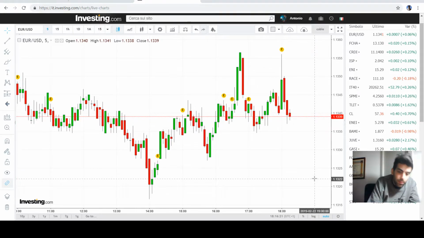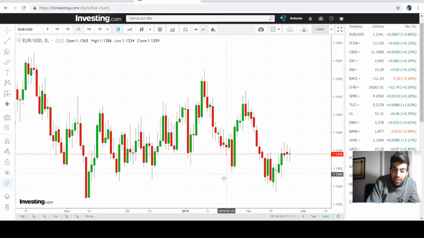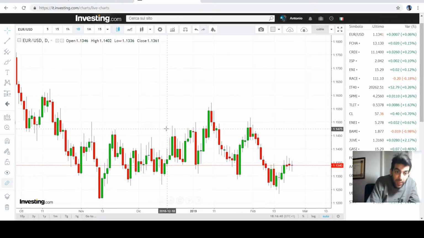So we have very different kinds of time frames, and each one gives us some detail. Some prefer a higher time frame because it gives us a more general, more universal view on the price. So here we can see more precisely what the price is doing and what the trend is.